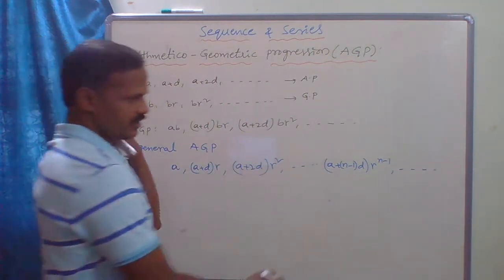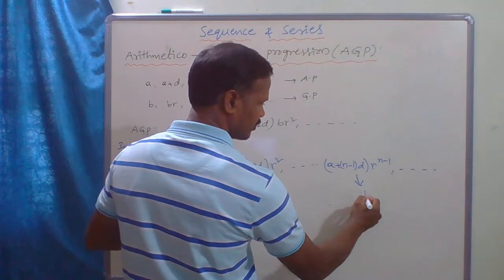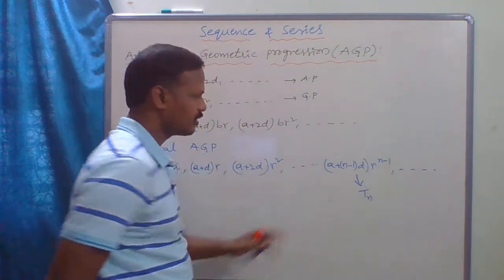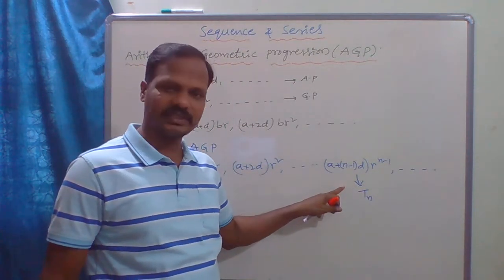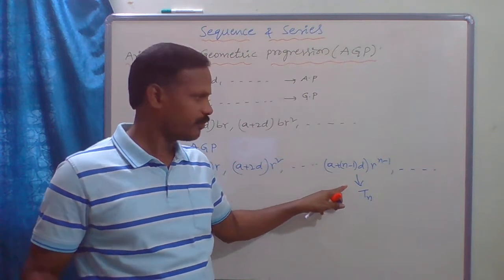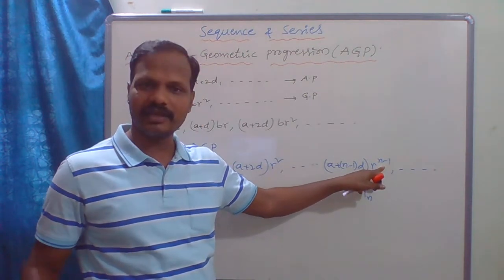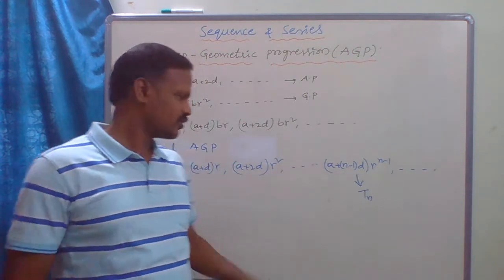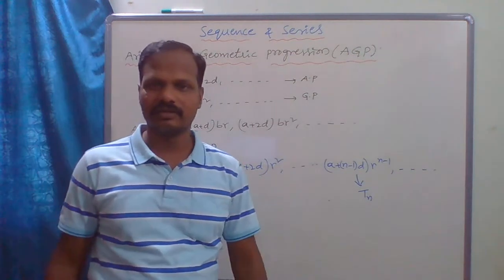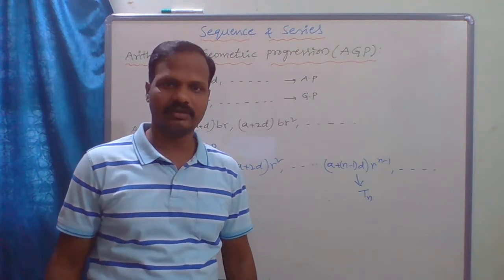So this is the nth term. A plus n minus 1 into d is the nth term in AP, and r power n minus 1 is the nth term in GP. So this is the general form of the AGP. Clear? Fine.